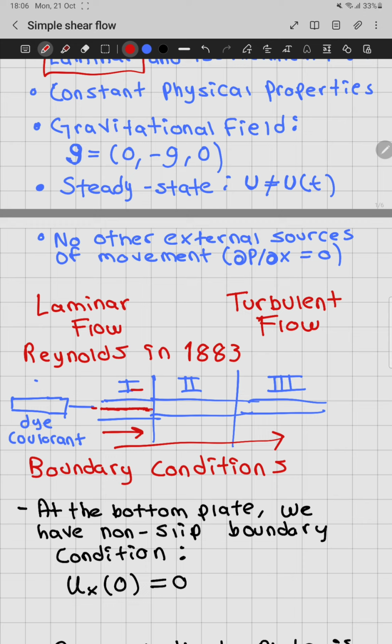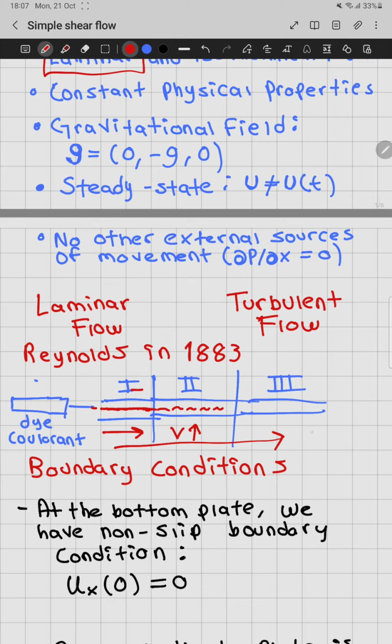Then in zone 2, the fluid entered through zone 2, and he increased the velocity values. He noticed that now the colorant started to dissipate a bit, but it was still ordered. It was a bit destabilizing, but the colorant could still be seen through the main layer of fluid.